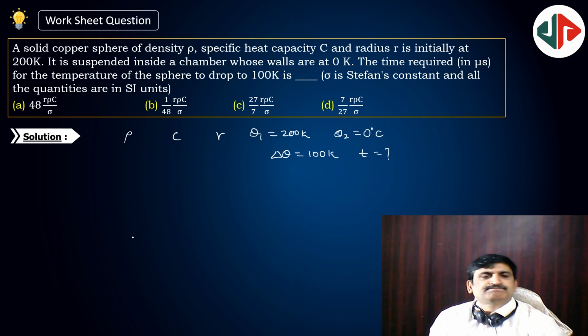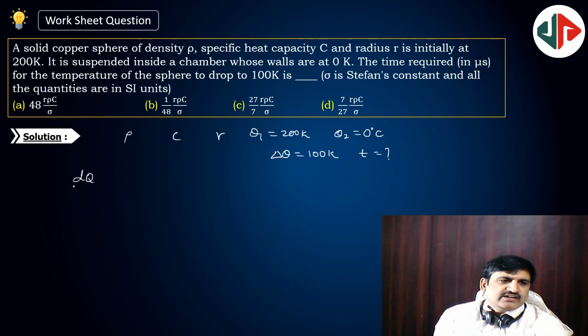The rate of radiation dQ by dt is equal to sigma A e into T to the power of 4 minus T naught to the power of 4. And this one I can write as m c delta theta by time taken.